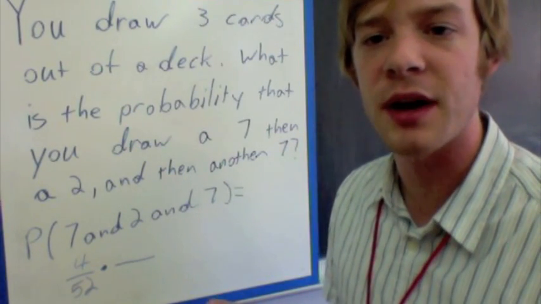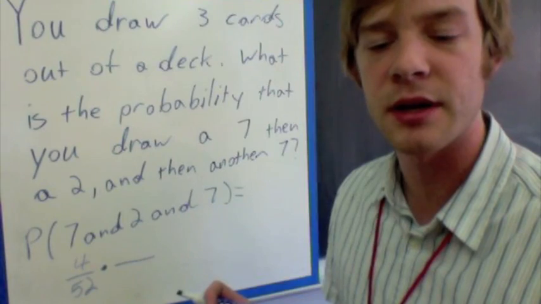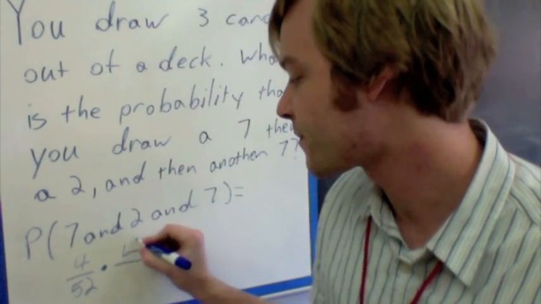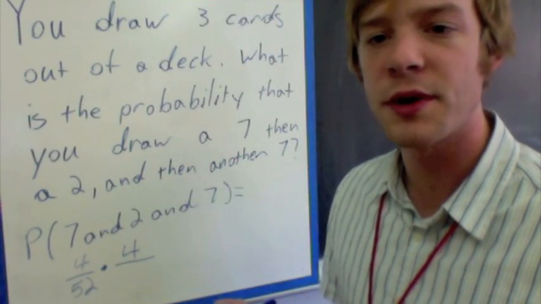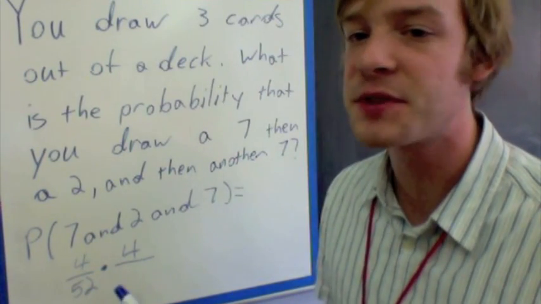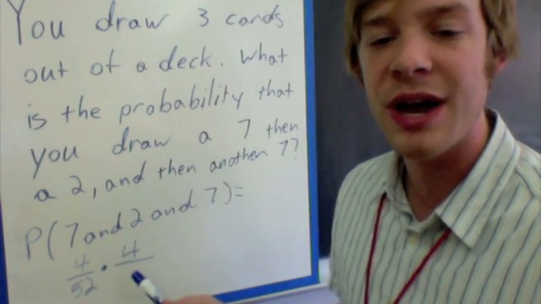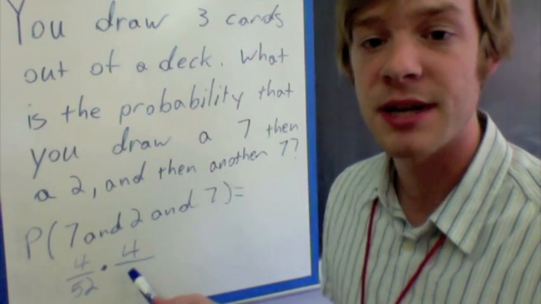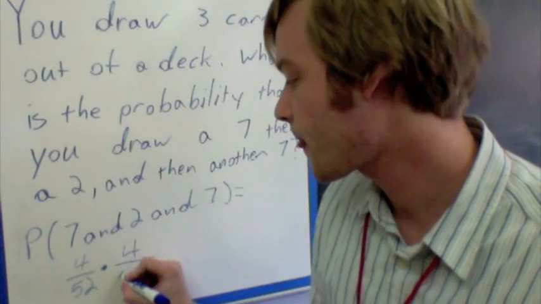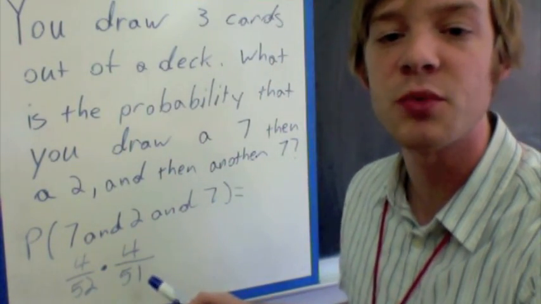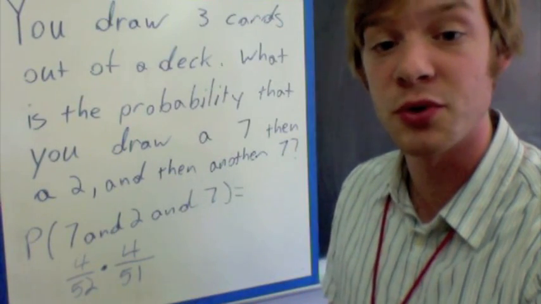Well, we know that we've got 4 2s still in the deck, so we've got 4 on top. But now that we've drawn 1 card out of the deck, we no longer have 52 cards in the deck because we've got that 7 that we drew out. So now we have 51 cards down at the bottom. So our second probability is 4 out of 51 because we've already drawn 1 card out here.